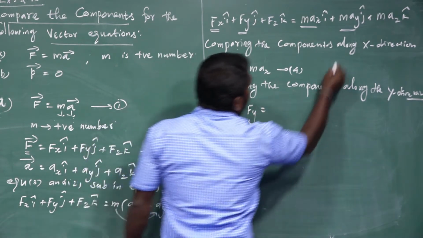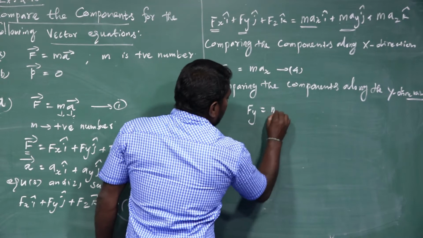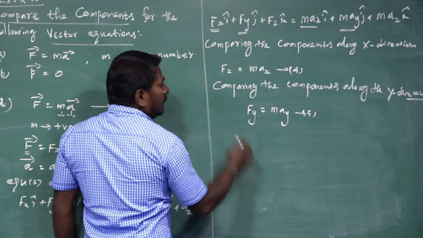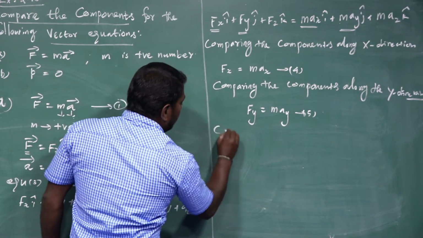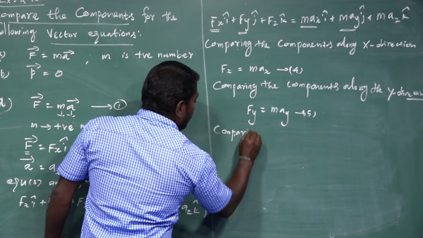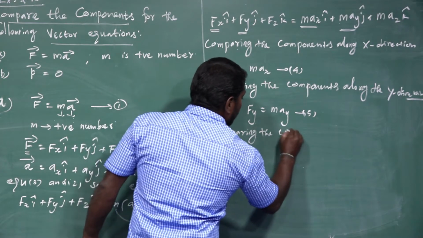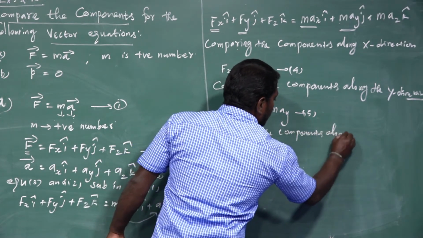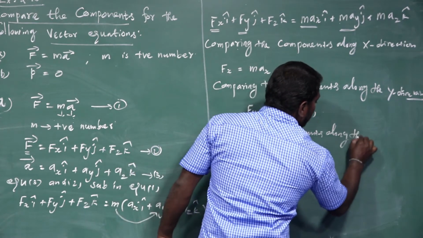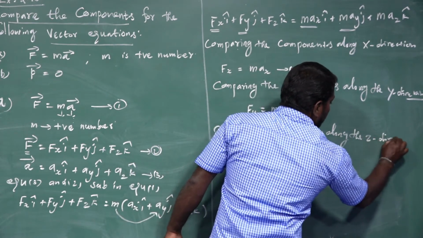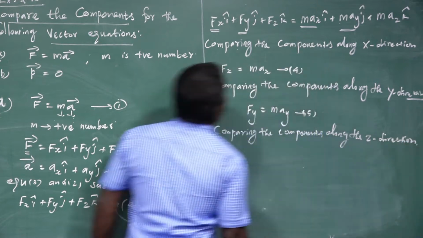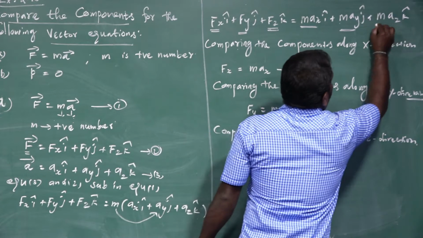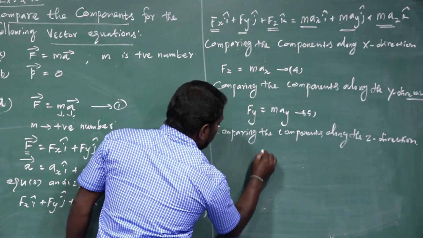Fy is equal to m Ay, equation number 5. Next, comparing the components along the z direction. Fz is equal to m Az.